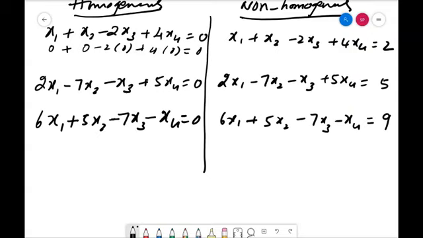In the same way, if you take x1, x2, x3, x4 zeros, the second equation is satisfied, same as the third equation. What do you mean by this? Any system of homogeneous equations always has a zero solution.